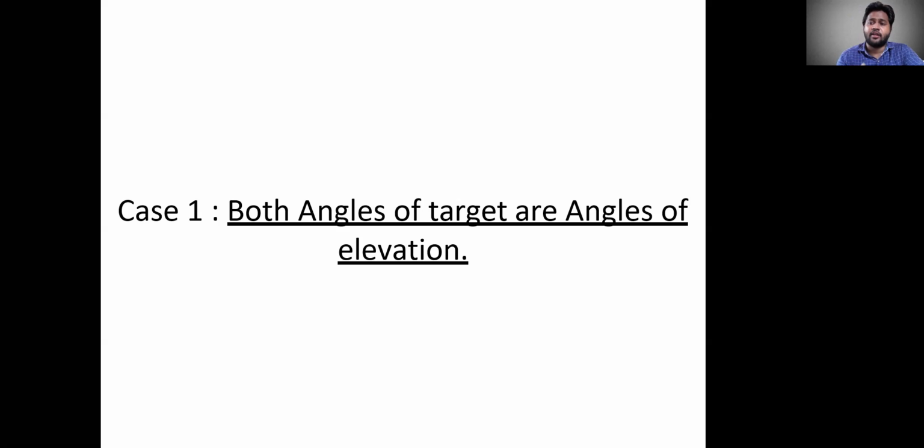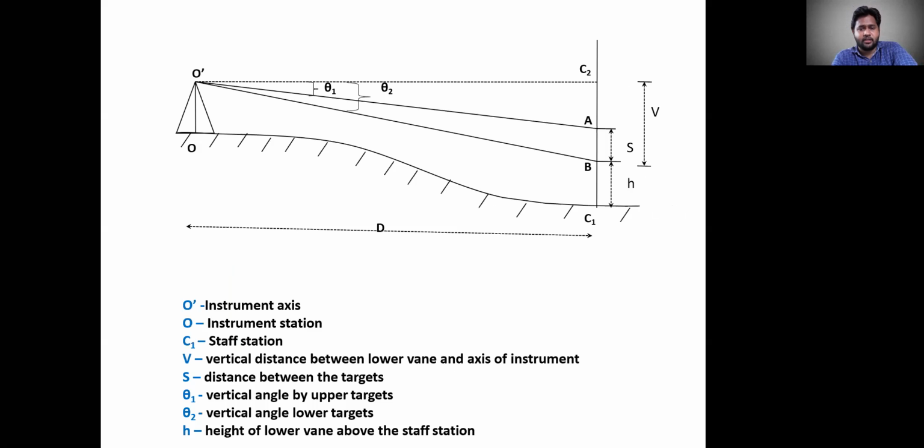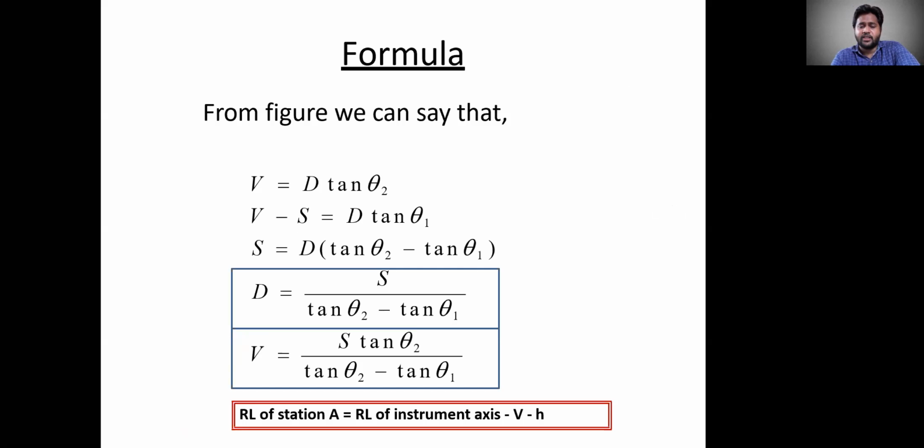Then you should understand whether the problem is given according to case 1, case 2 or case 3. We need to identify first which case the problem comes under. After identification of your problem, we need to know the formula for that particular case.